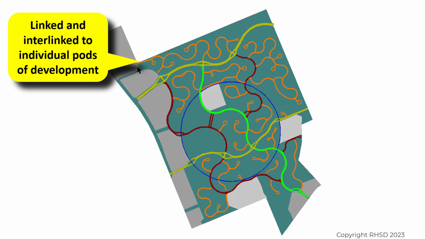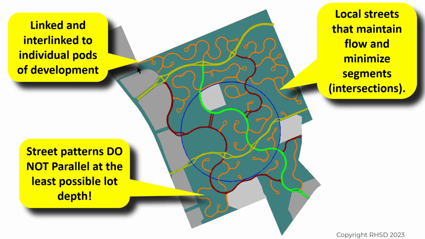Each pod, once you enter it, also maintains flow so people can get home easily and quickly with less energy. And you might notice that street patterns do not parallel at the least possible lot depth. We're not trying to parallel to the regulatory minimums to squeeze the least possible front and rear yard spaces.